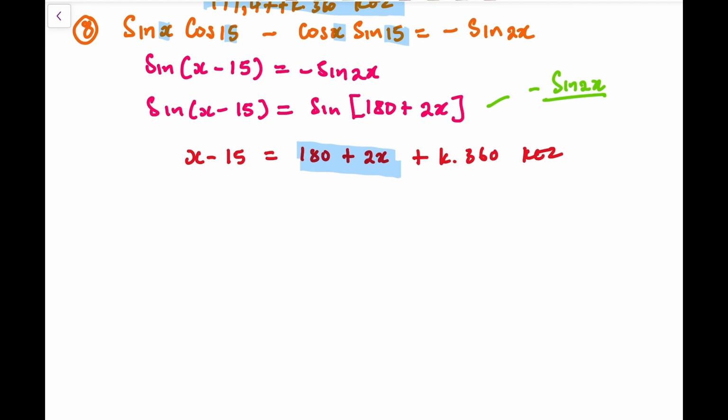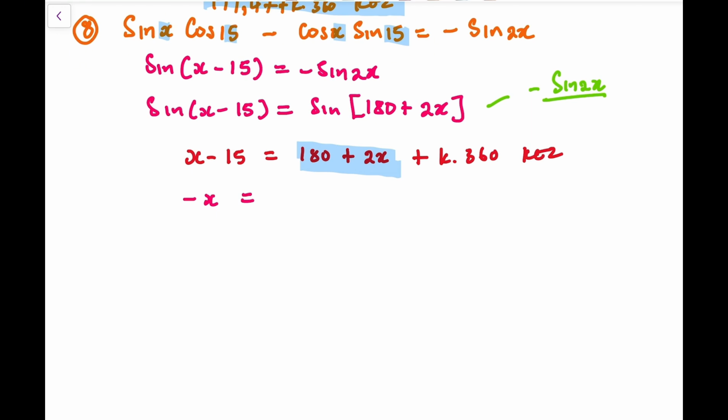So now we solve for x here. So I take 2x to my left. I am going to have x minus 2x, which will be minus x is equal to 180 plus 15.